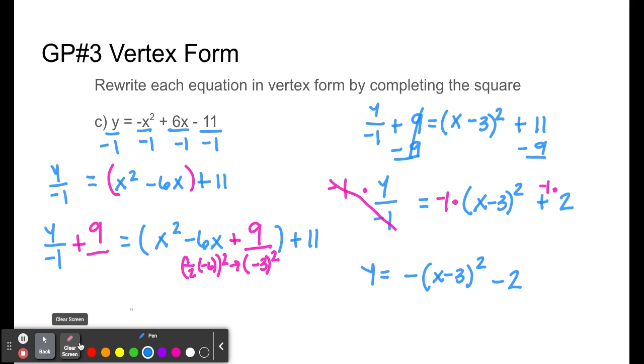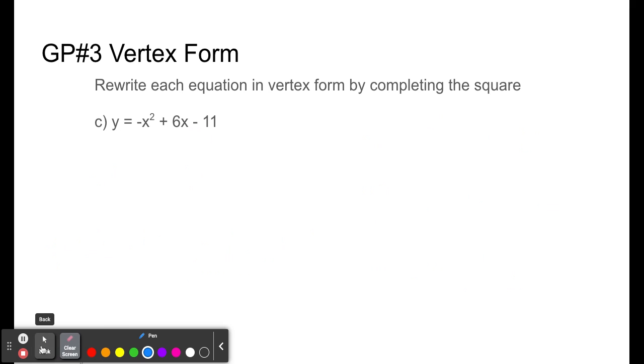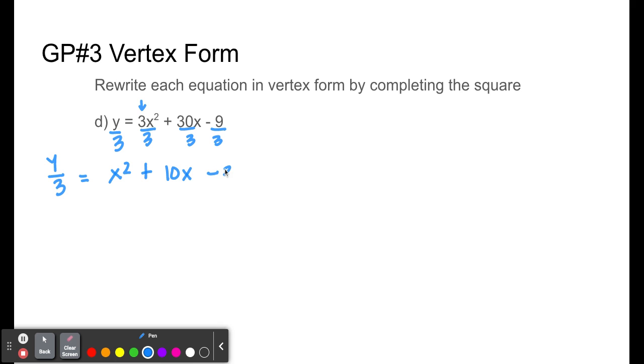Let's look at one last question. All right, first step here is going to be to divide everything by our a value. So we're going to divide everything by 3. So I have y over 3 is equal to x squared plus 10x minus 3.